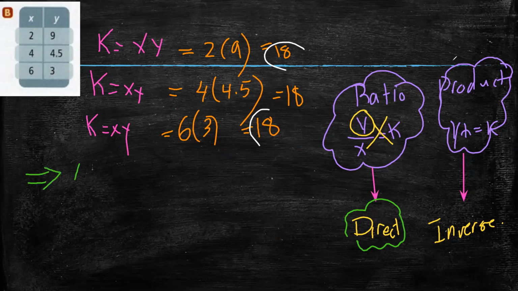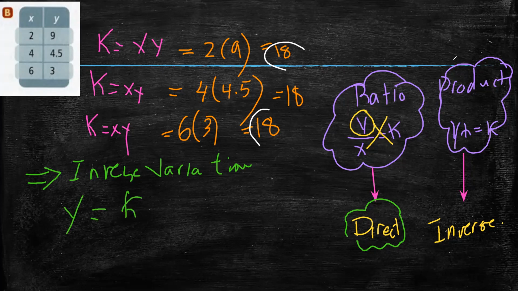So the equation for the inverse variation is y equals k over x. Is it right? Yes. So y equals, now what is the value of k? 18. 18 over x. Bravo.